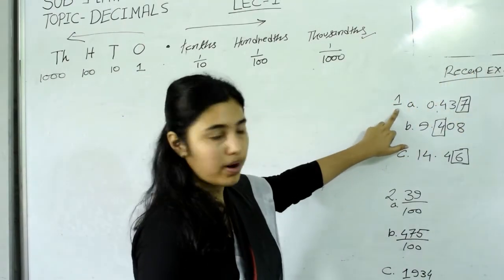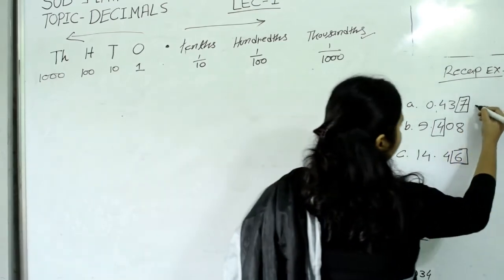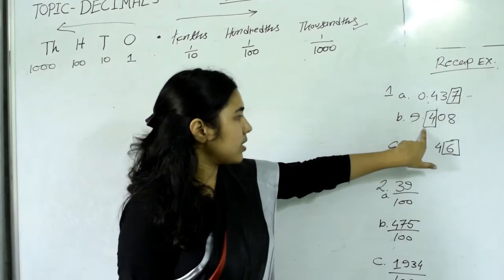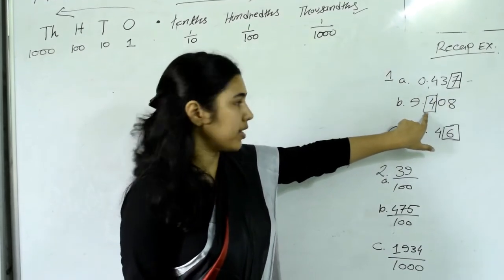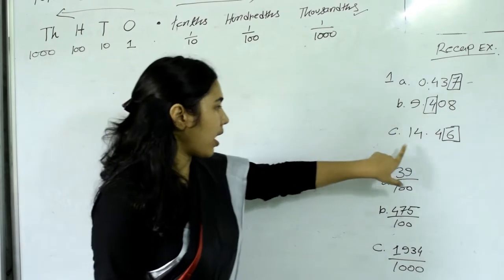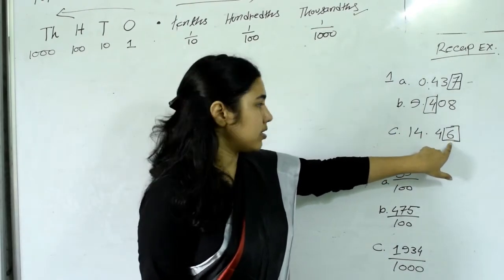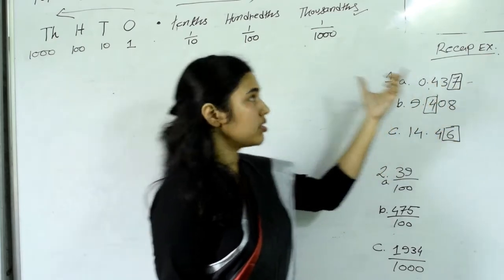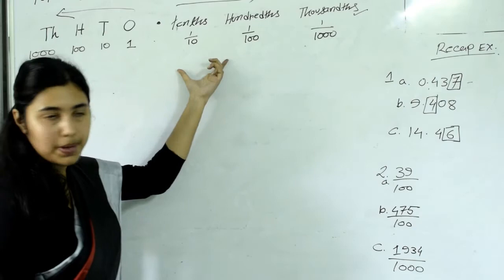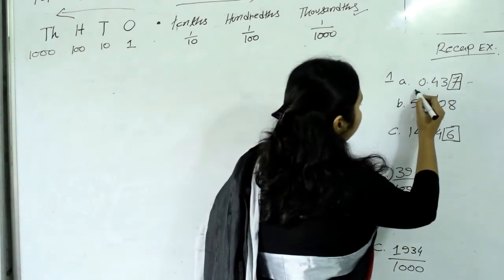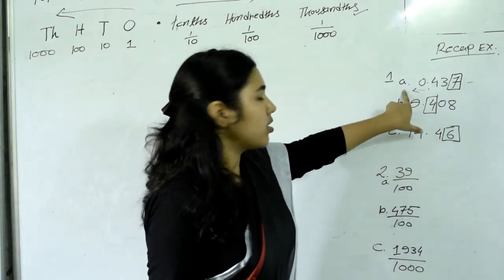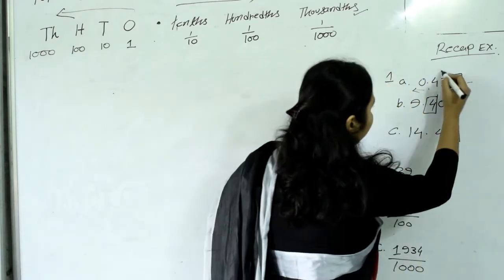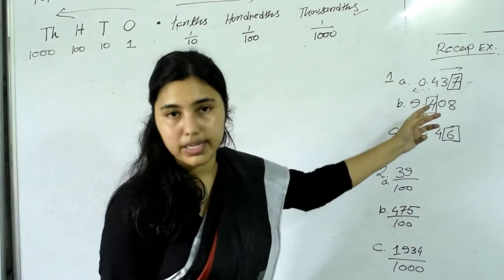First, question number 1. We have to find the place value of 7. Next, here we have to find the place value of 4. And third, C, here we have to find the place value of 6. So first, put these numbers in the decimal place value chart. We know that this side of the point is the whole number part, and this side is the decimal part.